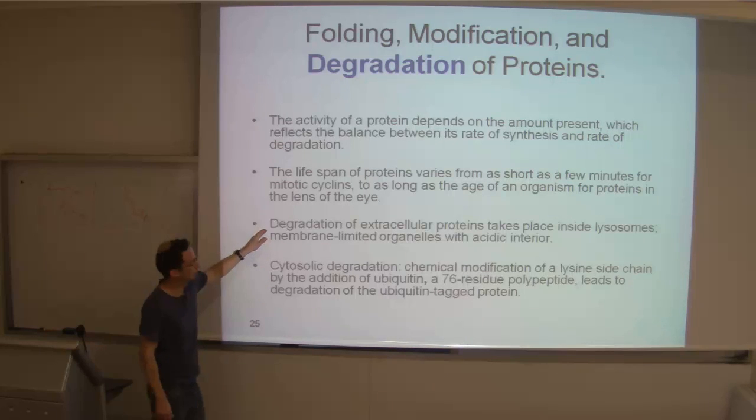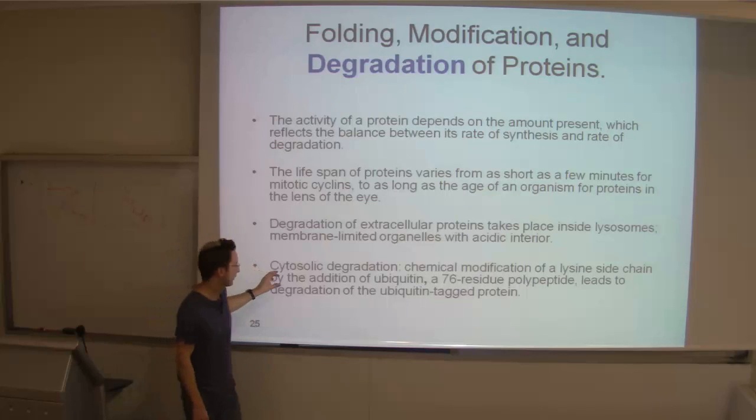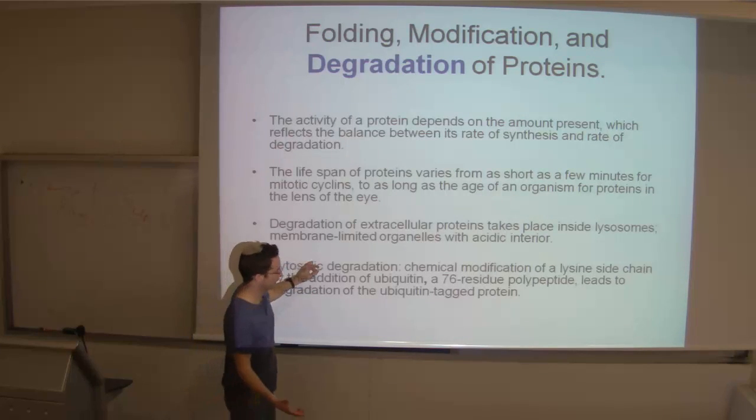So this is true for extracellular proteins. And for intracellular proteins, cytosolic proteins, the cytosol is everything that's inside the cell, excluding the nucleus or other organelles, which we will meet.